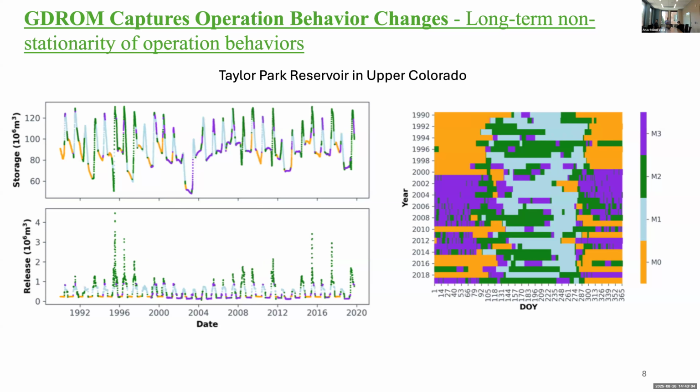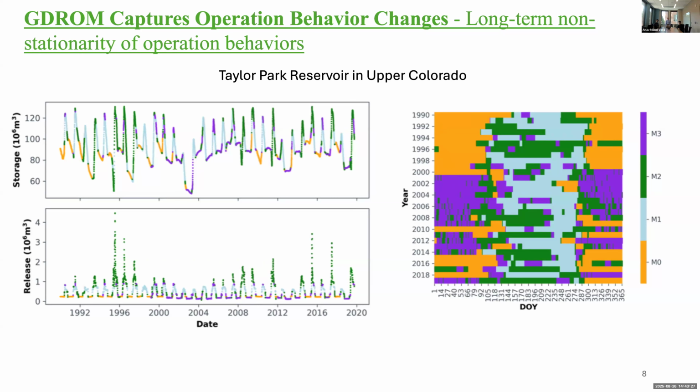As we can see, from 1999 to 2000, module 0 as a constant module is more frequently used. But then starting from the early 21st century, for about 10 years, that module was switched to module 3.